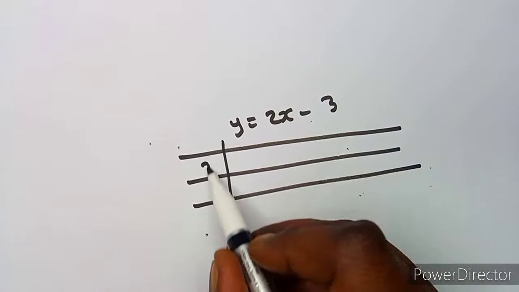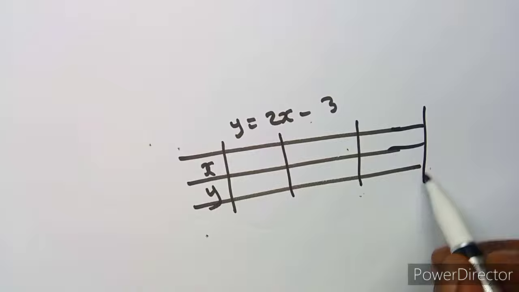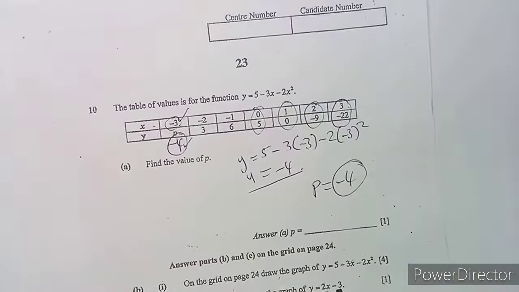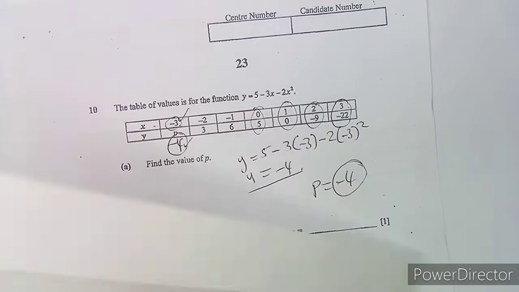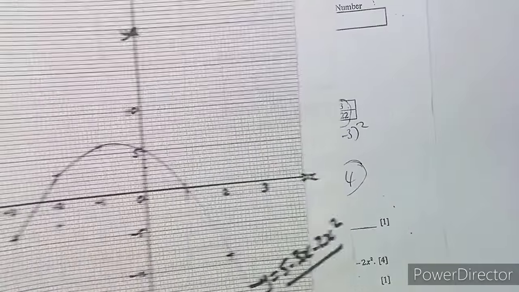In this case, we've got x and y. Remember, for table values, just choose 3 values from minus 3 up to 3, since that's the range you're given. Three values of your choice.